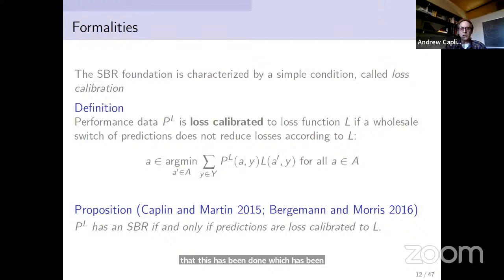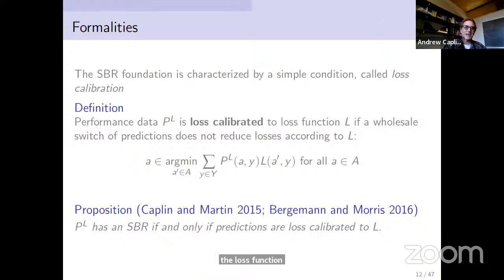Performance data PL is loss calibrated to loss function L if you cannot, by a wholesale switch of predictions, reduce losses according to L. So if you look at the expression, it says A should be minimum among all A primes, every switch you could have made, based on the data P sup L associated with A, but switching the loss function, the A to A prime, a different prediction.